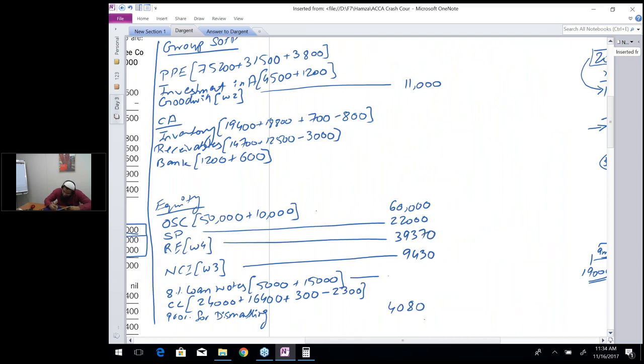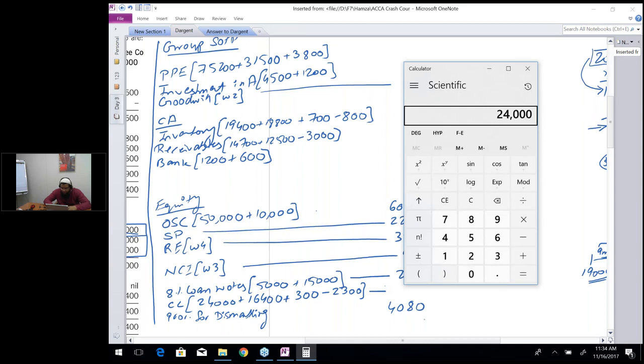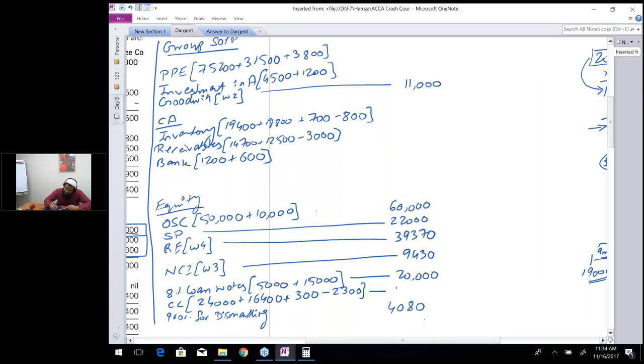So let's calculate the credit side first. This is going to be 20,000, and this is going to be 24,000 plus 16,400 plus 300 minus 2,300, which is going to be 38,400. So this is 38,400, and let's calculate the total now.